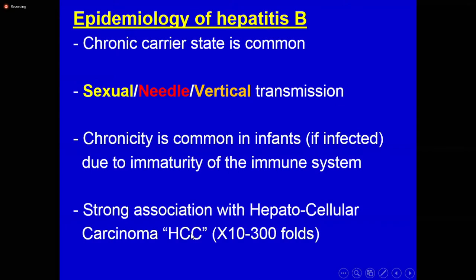Persons who are infected with hepatitis B have 10 times to 300 folds more probability of having hepatocellular carcinoma than non-infected individuals. That is why some people become fearful of hepatitis B. Why? Because there is an association between infection with hepatitis B and occurrence of hepatocellular carcinoma, although after many, many years.